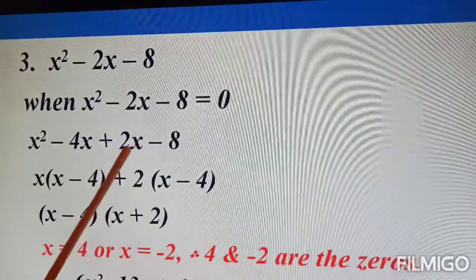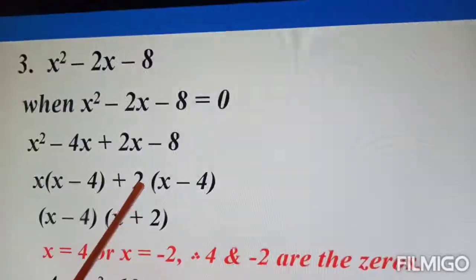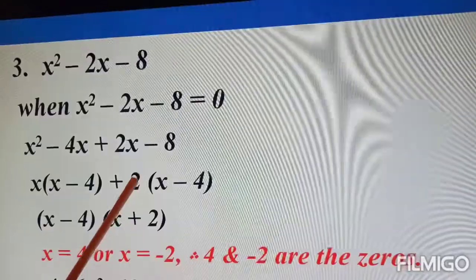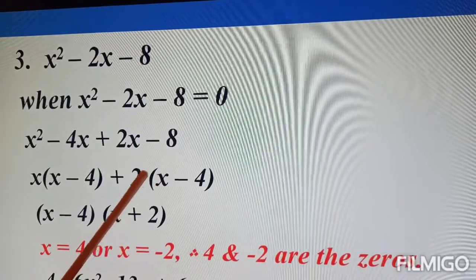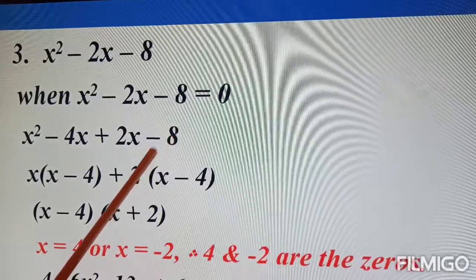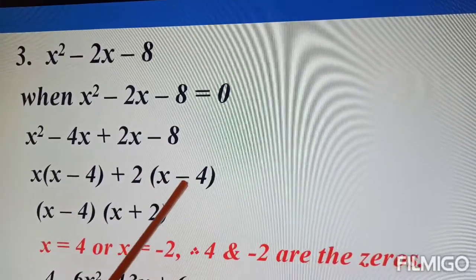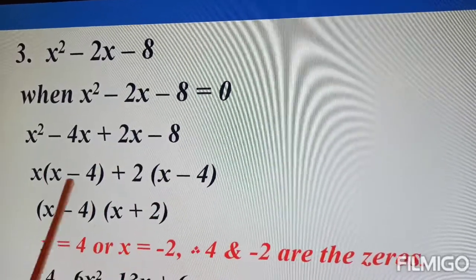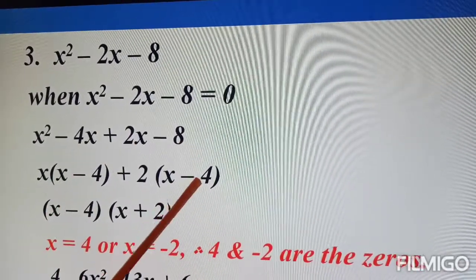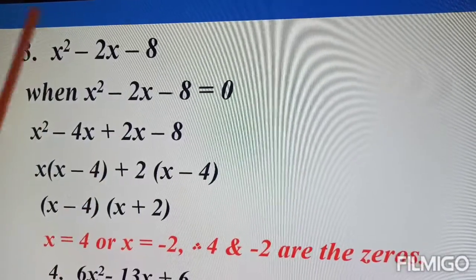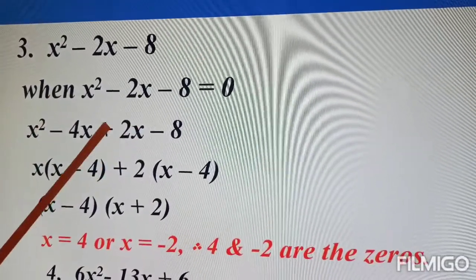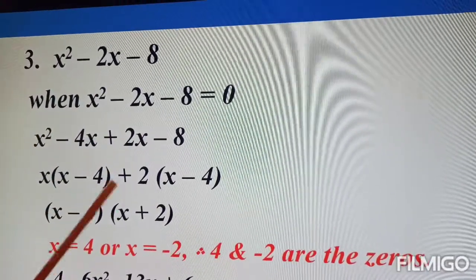From these two we can take 2 as a common factor. If we take 2 as a common factor, x remains inside, and 4 divided by 2 gives minus 4. See, this one and this one both are the same. If we get both the brackets the same, then only what factors we took, what we did, everything is right.